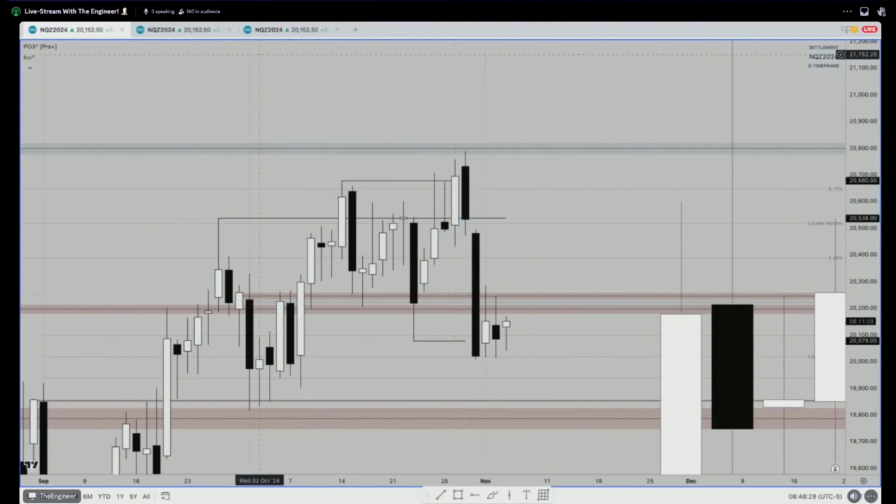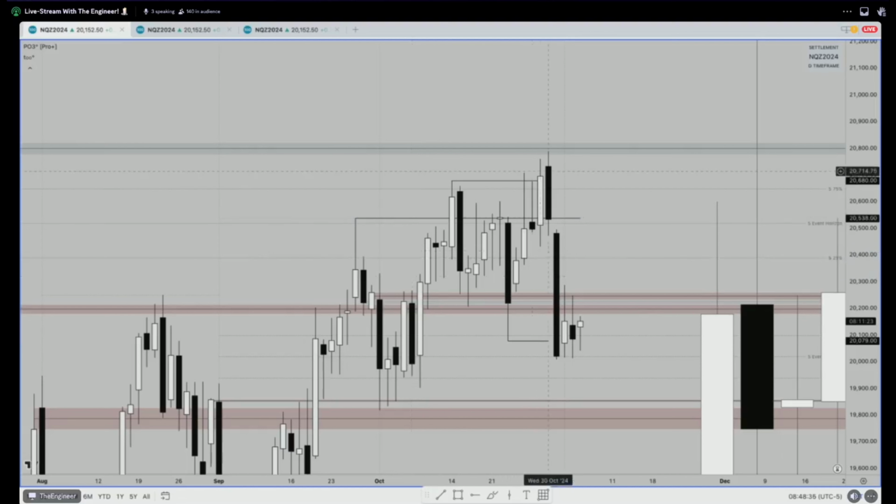I'm not anticipating a breakaway gap here inside of this because I need some high time frame sponsorship level to do that. Okay, this is the key.